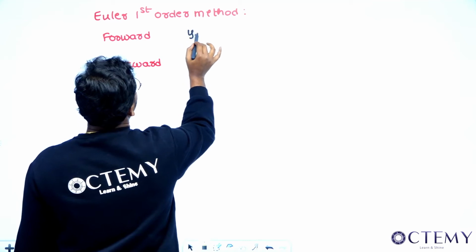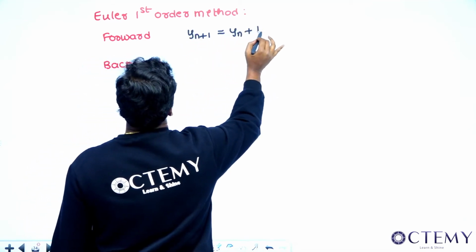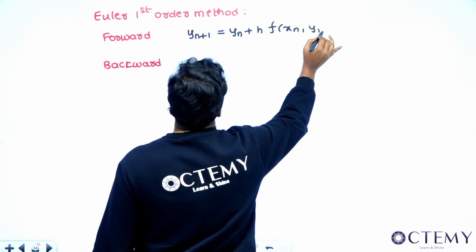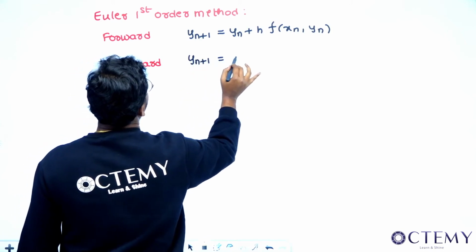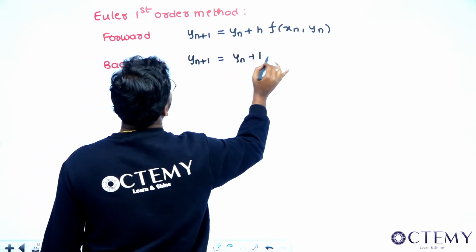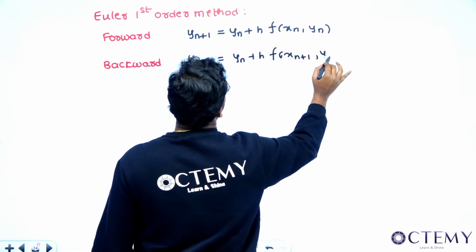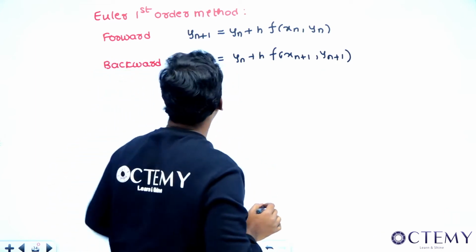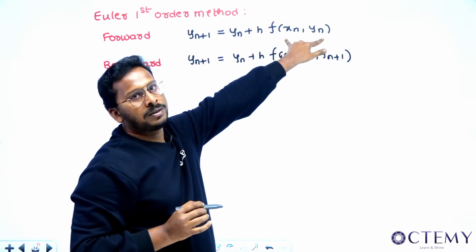Here y n plus 1 was equal to y n plus h times f of x n comma y n. What was backward? Y n plus 1 is equal to y n plus h times f of x n plus 1 comma y n plus 1. Right? These are what? First order. Why are they first order? Because with h only one term is there.